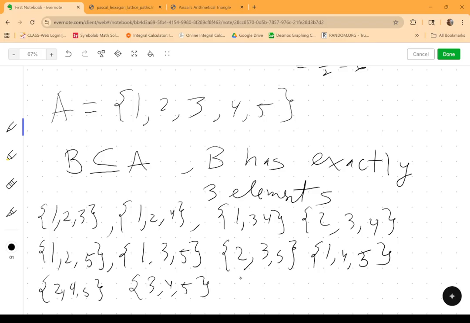Let's see, what else am I missing here? I think that's all of them.